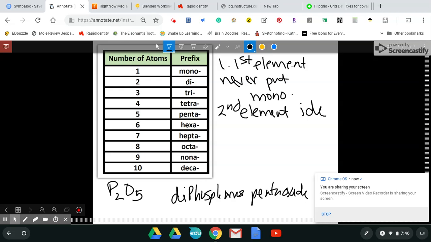What if I had C2Cl8? I'm not saying that these combine. I'm just trying to give you an idea. If I have this one, this would be dicarbon, because I have 2 of them. Octachloride.